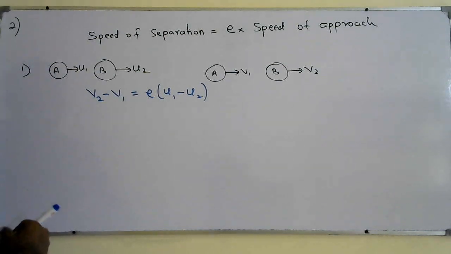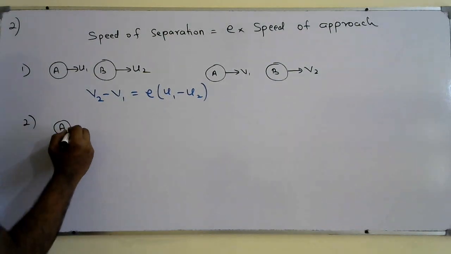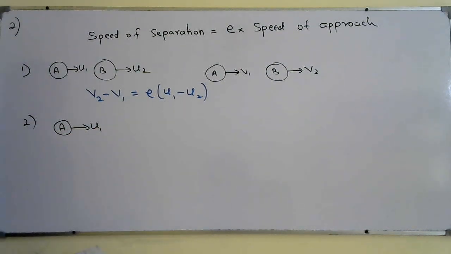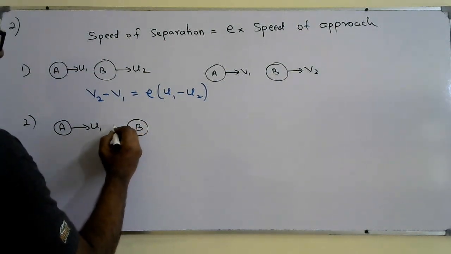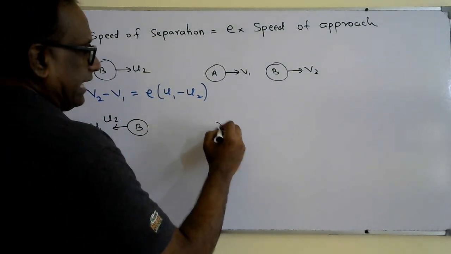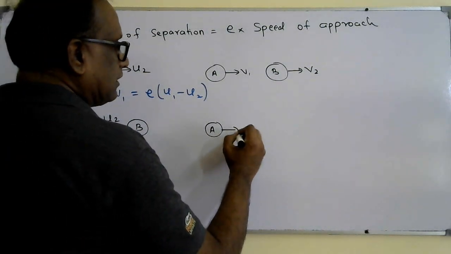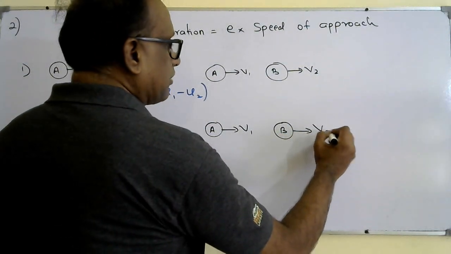Okay, second example we can write like this. A particle A is moving in this direction at u1. Particle B is moving towards A at u2. After collision, A and B move in the same direction, A at v1, B at v2.